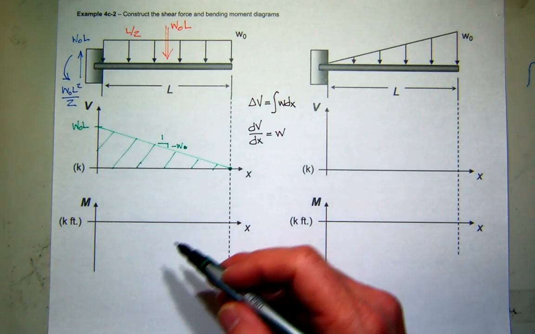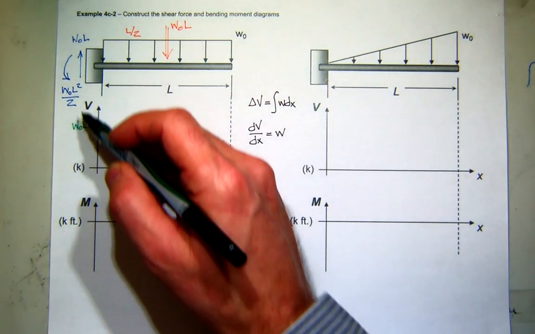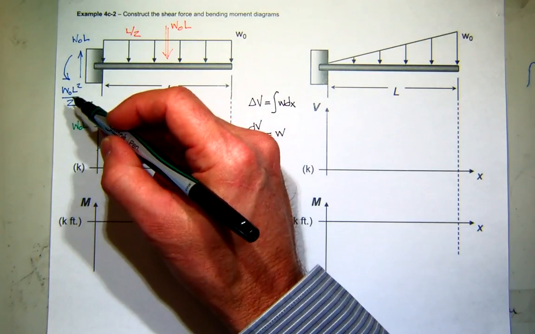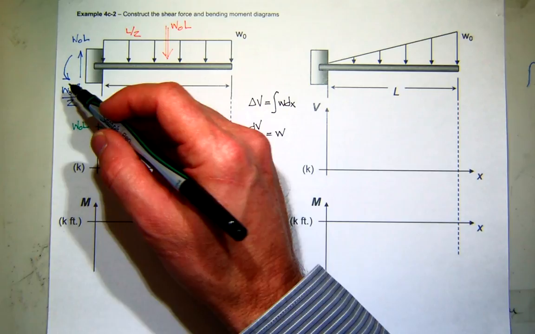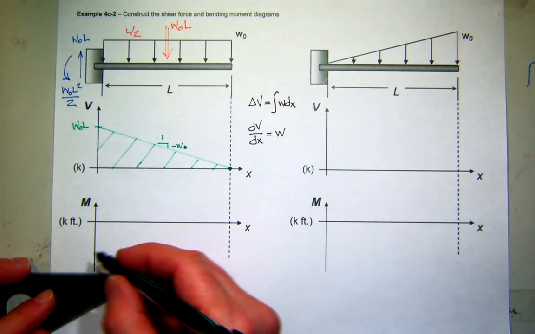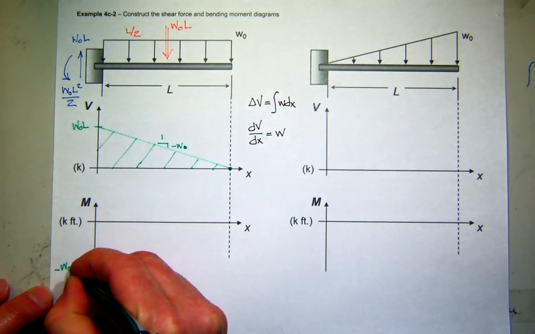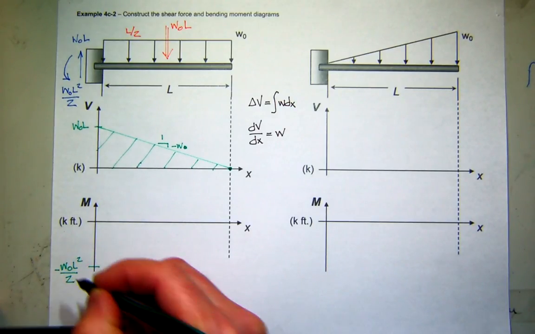All right, let's look at the moment. Looking at the starting point, I go back up here. Do I know something about the moment when I start? It looks like it's W naught L squared over 2. Is that positive or negative bending moment? That is a negative bending moment. So that should be negative W naught L squared over 2.